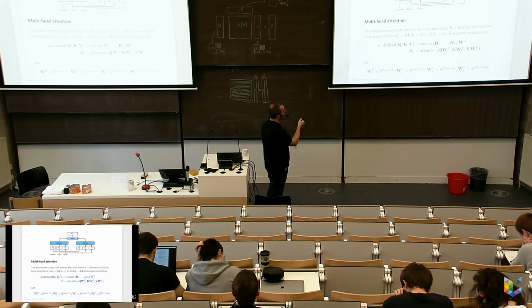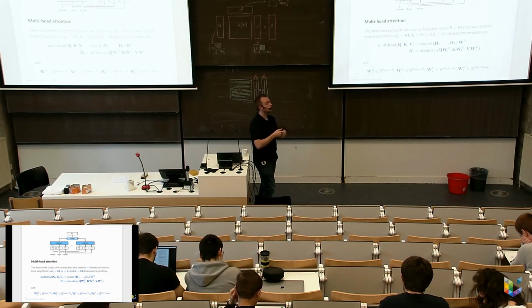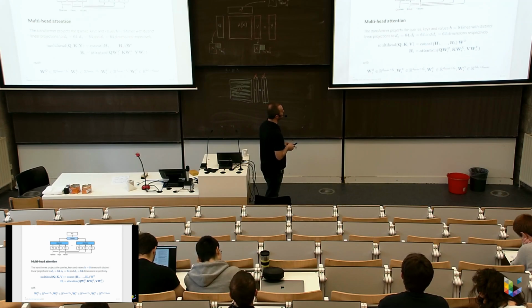This H will correspond to a matrix where the size is the number of tokens, and the dimension of each vector is 64, because we are taking weighted averages of 64-dimensional vectors.